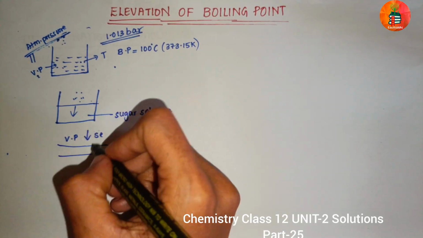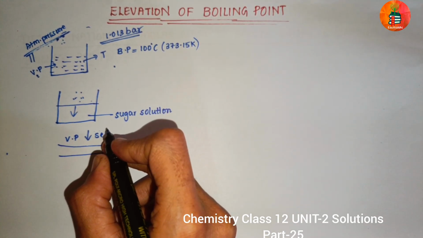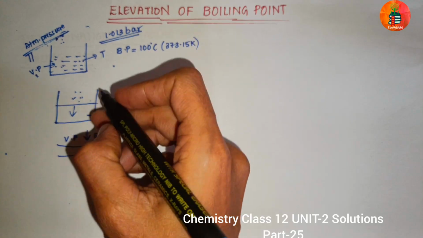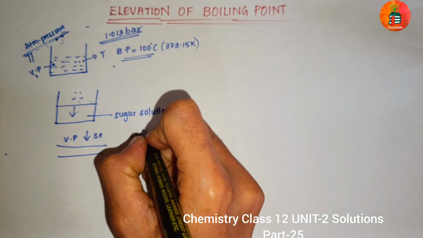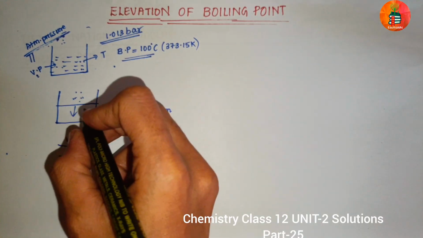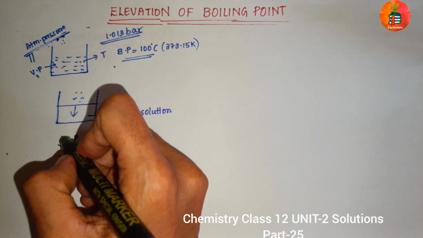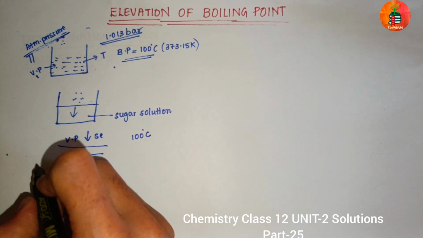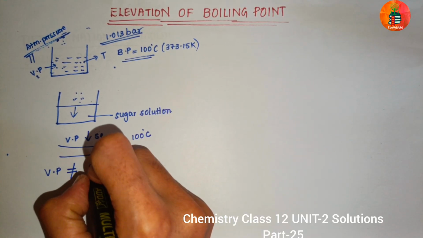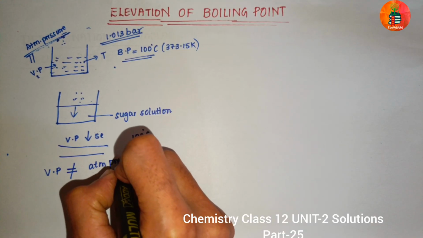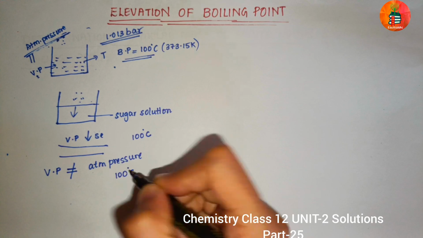Since the vapor pressure of the solution decreases, in the case of this sugar solution, though you provide the boiling point of water, that is 100 degrees Celsius, this sugar solution won't reach the value of atmospheric pressure. The vapor pressure will not be equal to the atmospheric pressure, though you provide the temperature of the boiling point of water.